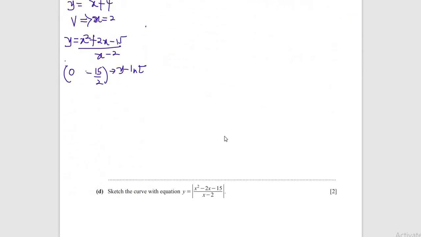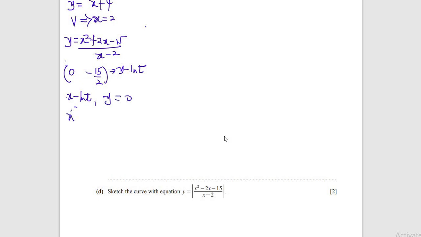And also, let's find the x-intercept. For the x-intercept, y equals 0.